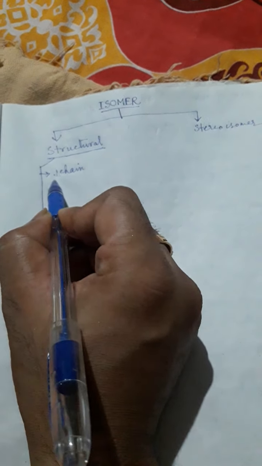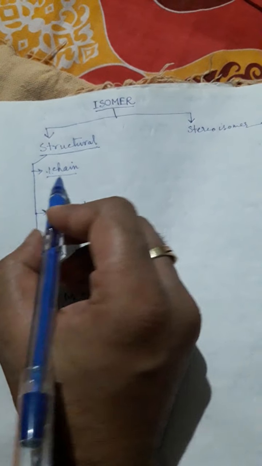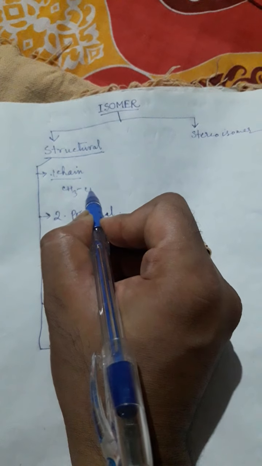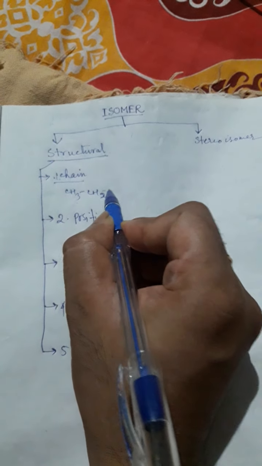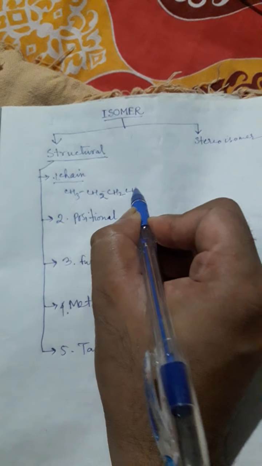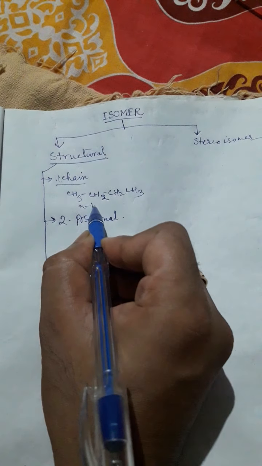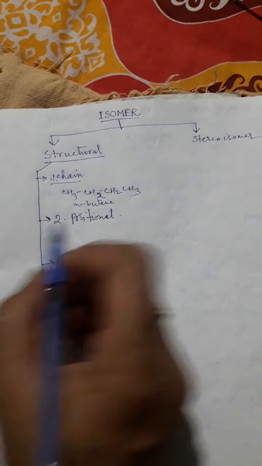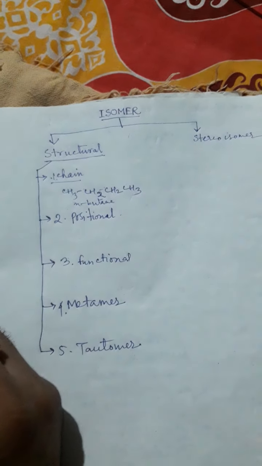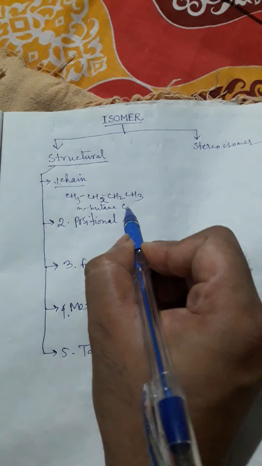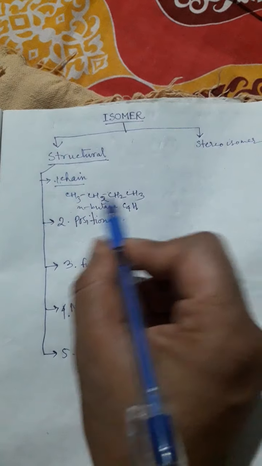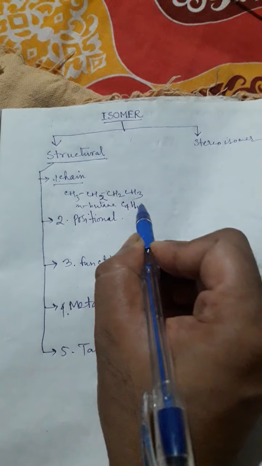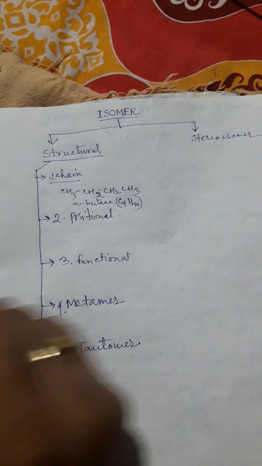First one is chain isomer. I am giving one example. Suppose CH3 CH2 CH2 CH3. This is normal butane. How many carbons are there? 1 2 3 4. So the formula is C4H, 3 plus 3 equal to 6, plus 4, 10. C4H10. So normal butane.